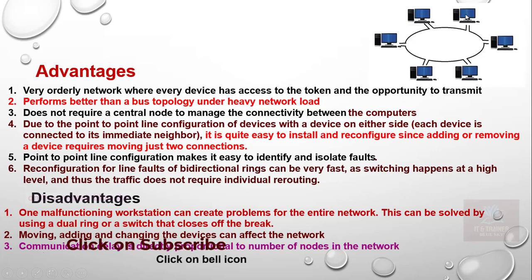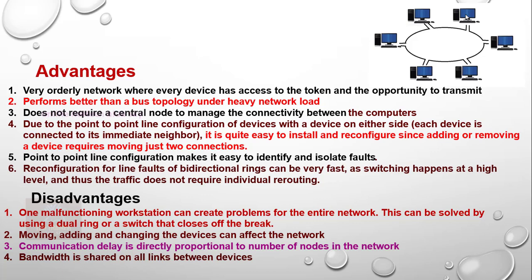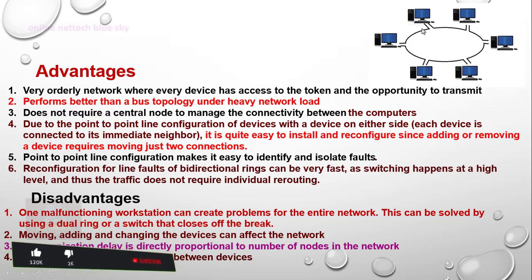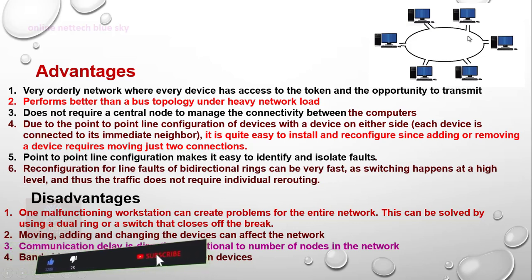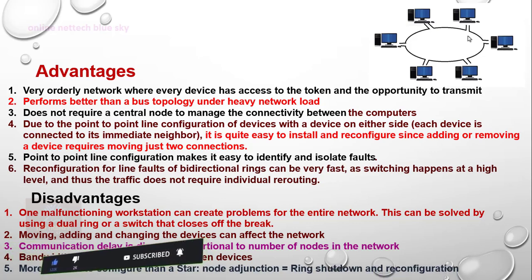So the number of nodes in the network causes different amounts of delay. Bandwidth is shared on all links between devices. Bandwidth means speed, shared across all links and devices. Your 1 Mbps speed goes down and down, meaning it becomes very slow as the links share it. Okay, so this is the reason for bandwidth sharing.